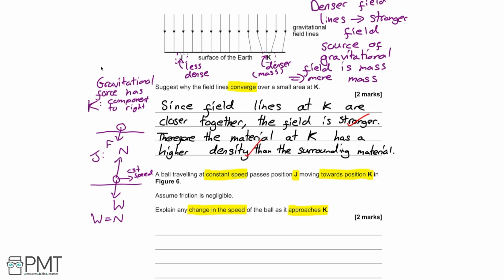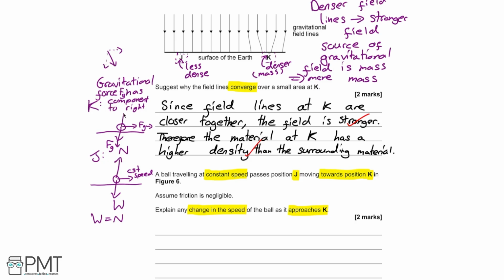So in this case, I'll label the gravitational force F subscript G. So Fg, and there's one component going downwards, and then there's also a component going to the right. So Fg to the right. This is because this force, which is pointing in something like this direction, can be resolved into two components, the one going to the right, going down, like so.